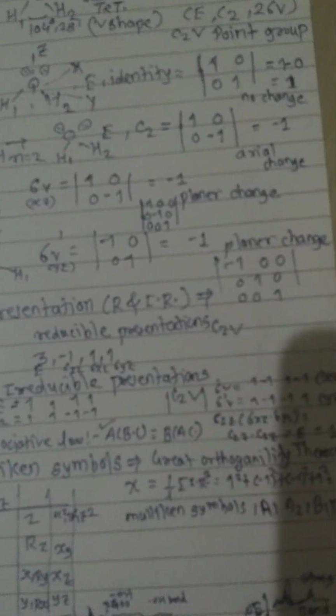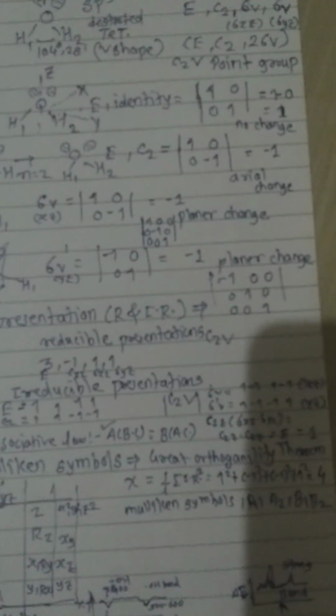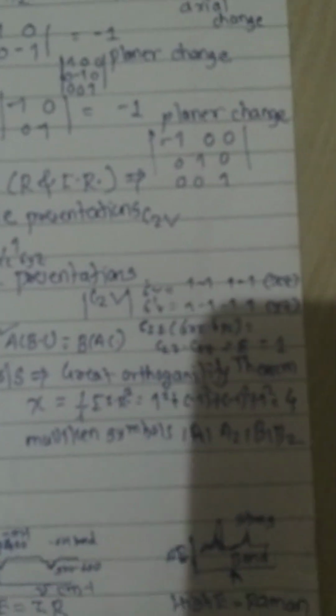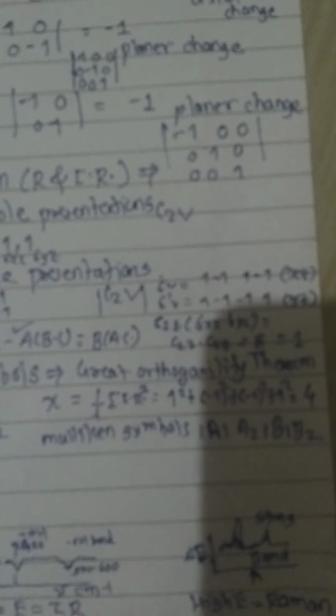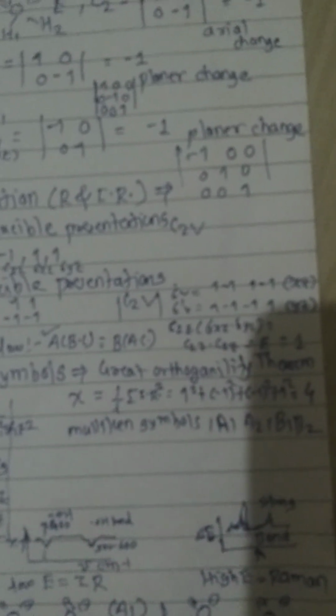So the irreducible presentations can be obtained from these combinations, and irreducible presentations can be represented using the orthogonality theorem. In the orthogonality theorem, the order of the group gives the number of Mulliken symbols, or the number of irreducible presentations, meaning the number of vectors or transitions present in the molecule.